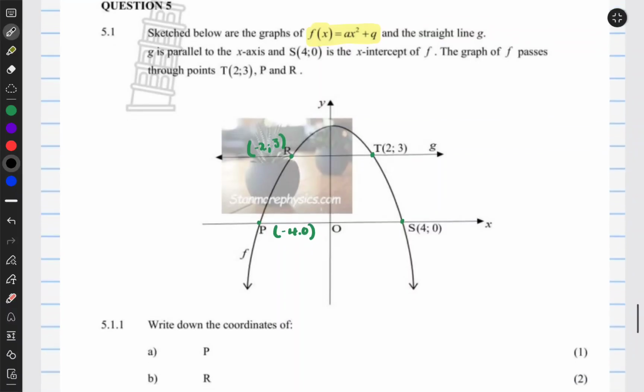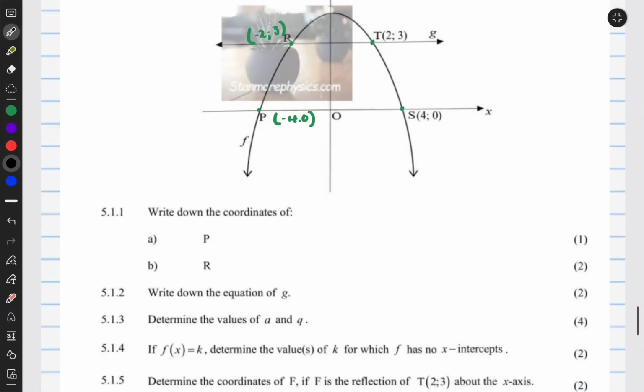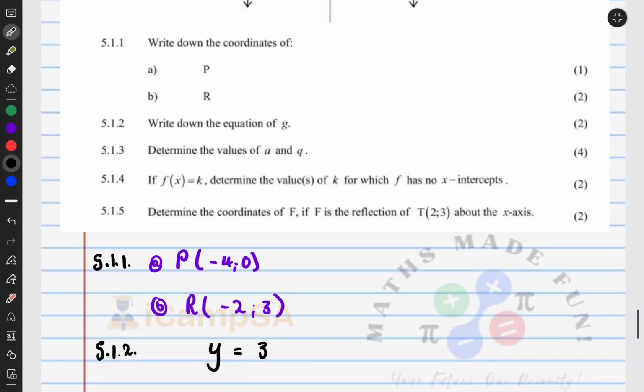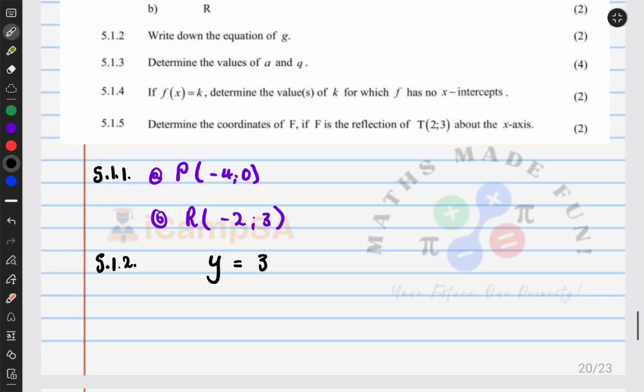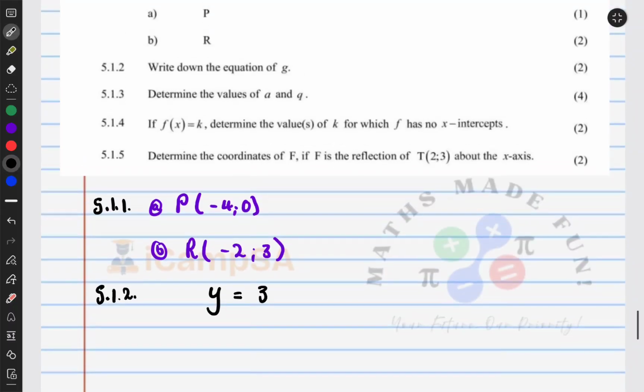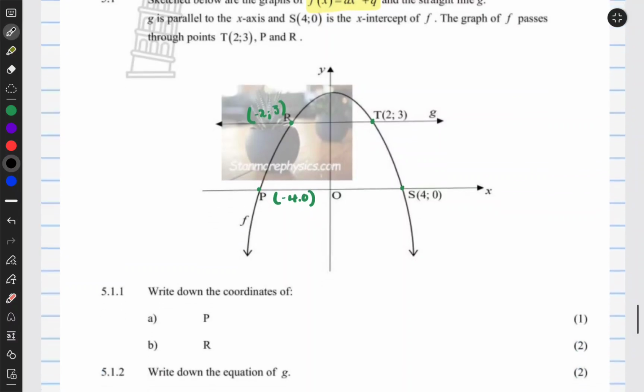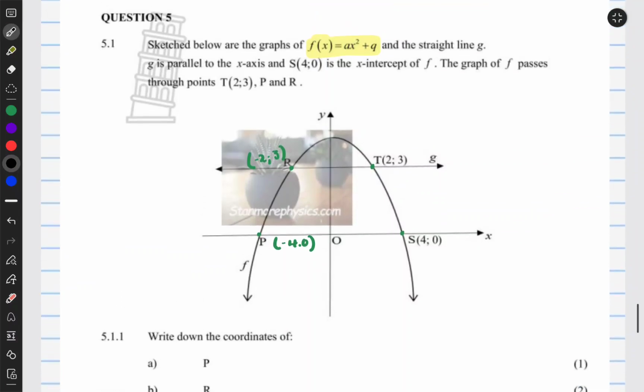And then next we also determine the values of a and q. So I guess we'll have to do this using simultaneous equations, because we have two unknowns, but we also have points that lie on that function.